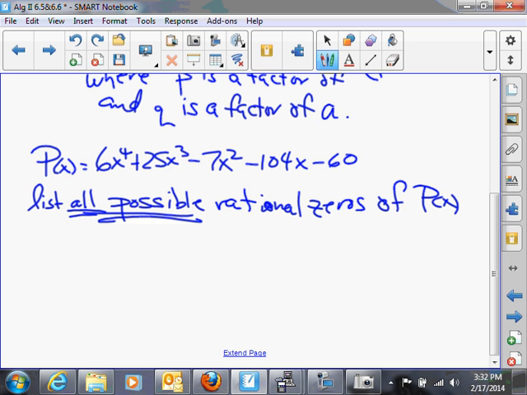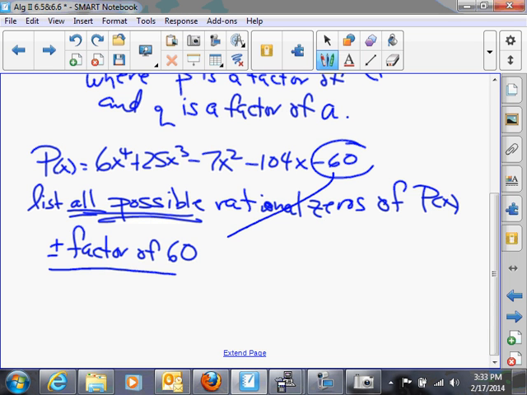If that's the case, then what we need to do is we need to find all the fractions where the numerator is a factor of 60. That comes from here. And the denominator is a factor of 6. That comes from here.